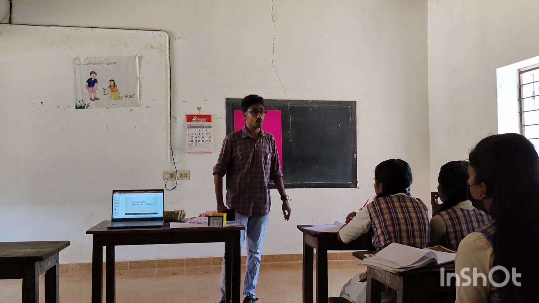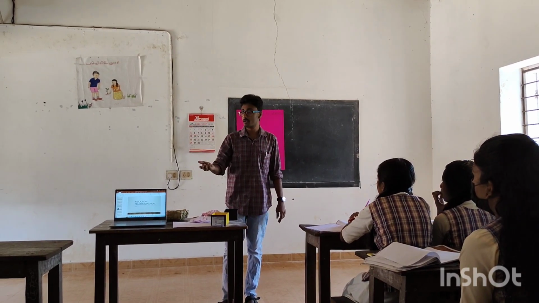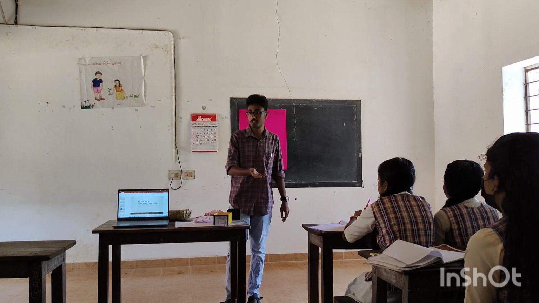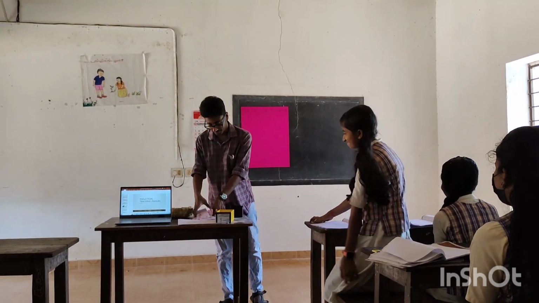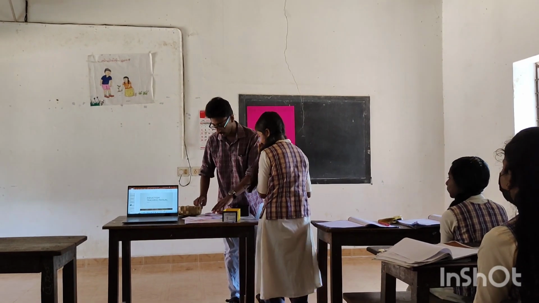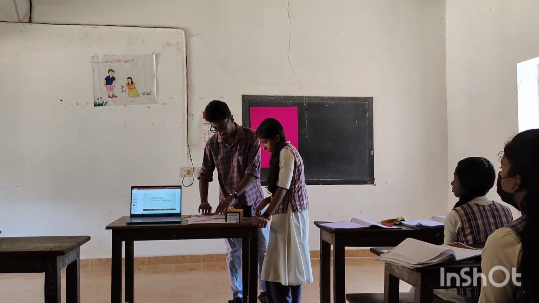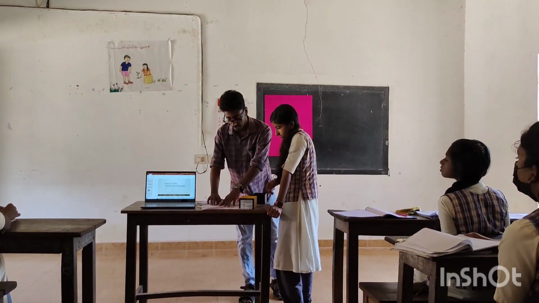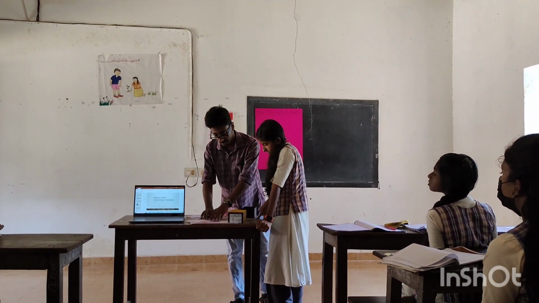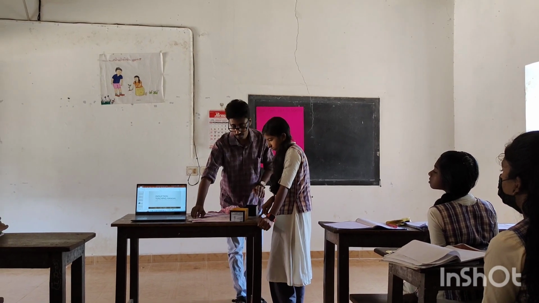Okay. So I'll call one student each from every bench. Okay. Can you come forward? So you can select any word that is related to your first day school experience, and then you can stick it in the chart. Is it clear? Okay.